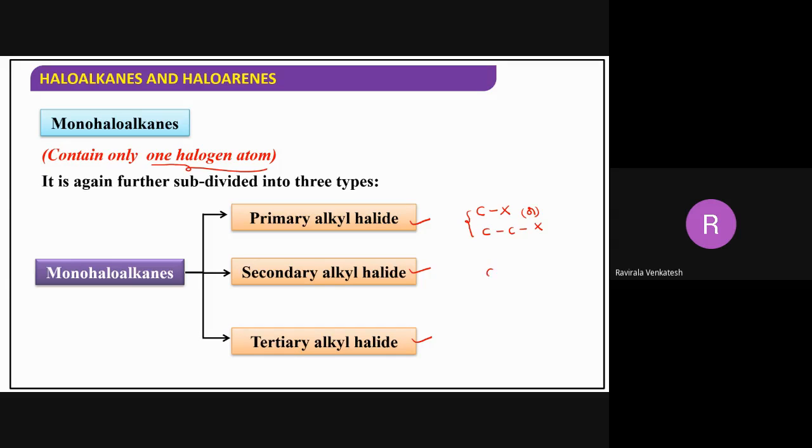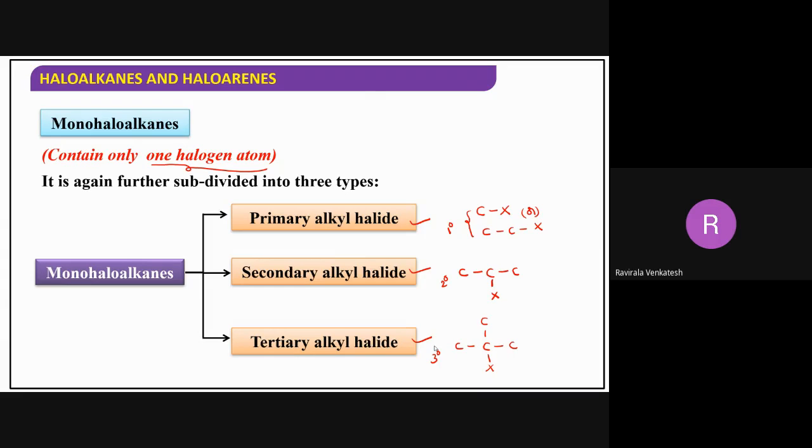If the halogen-bonded carbon is bonded to 2 carbons, this is called secondary. And tertiary is very simple: if the halogen-bonded carbon is bonded to 3 carbons, it comes under tertiary.